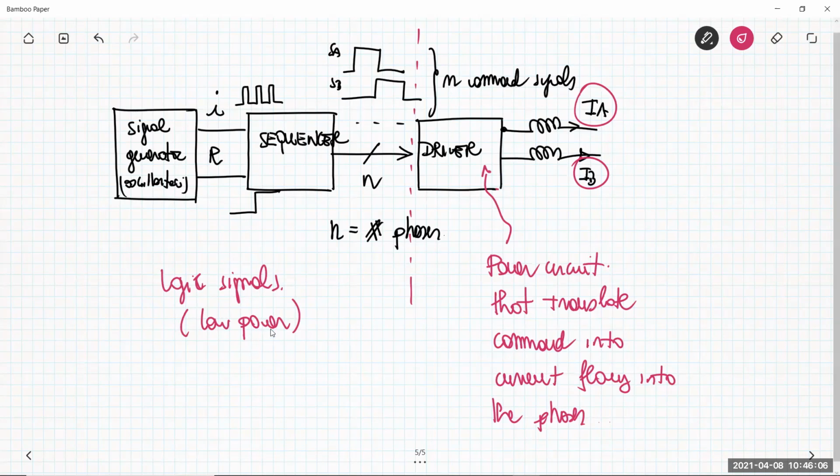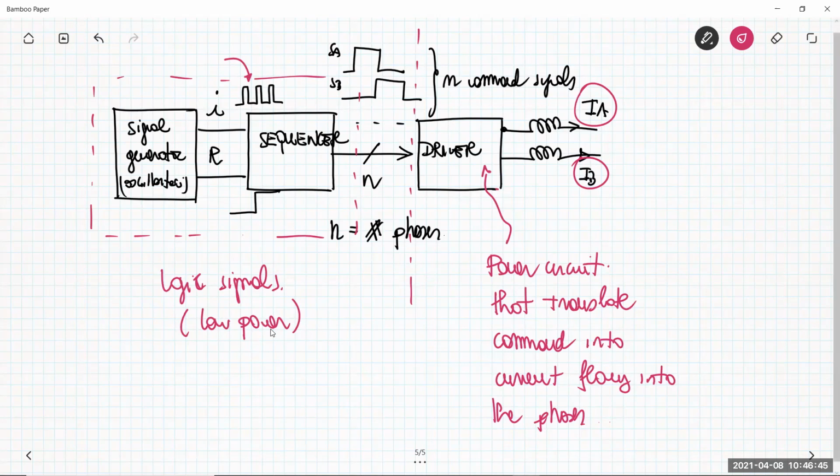This is a generic description of the block diagram needed for my stepper motor. Typically, these two blocks here, the logical part, can be generated by specific integrated circuits that can have on the same semiconductor substrate the oscillators needed to generate this signal, and the sequencer that generates the specific logical commands for the driver.